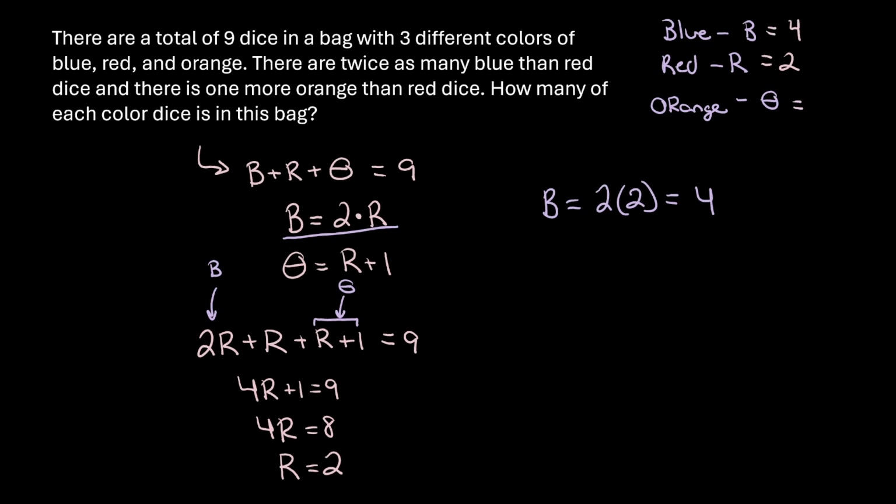And we know all of the dice add up to be 9, so we plug in B and R into the first equation. We can see that there has to be 3 orange dice in here as well. Or if you end up plugging in R for theta in the last equation, you'll get theta is equal to 3 as well. So we know that there is 4 blue dice, 2 red dice, and 3 orange dice.